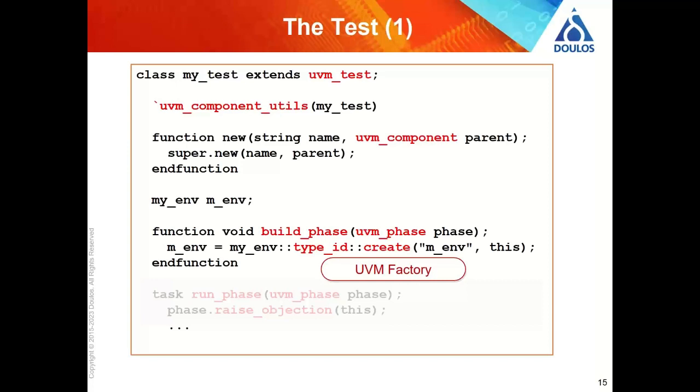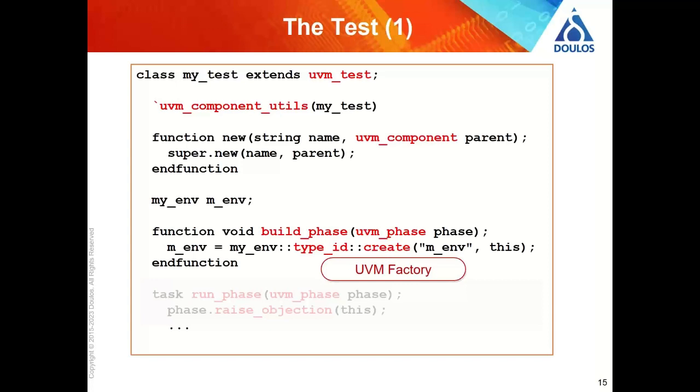Now, if you're familiar with SystemVerilog or you were present in this morning session, I said that to create a new object, we just call new. Well, that's fine if we're not using the factory. So UVM provides this create function instead.